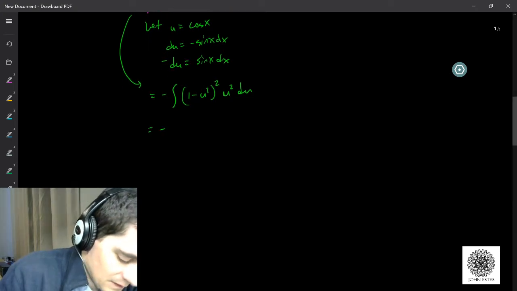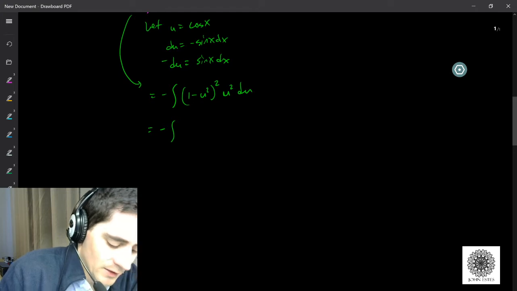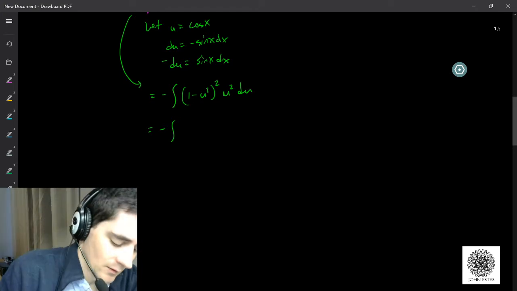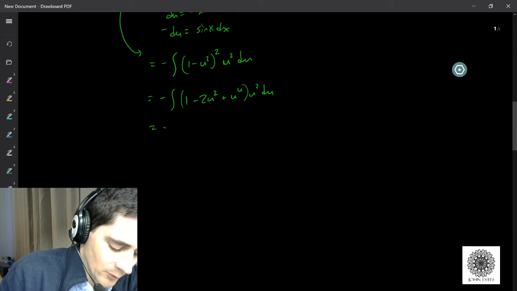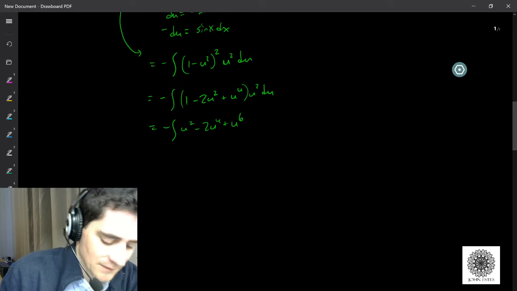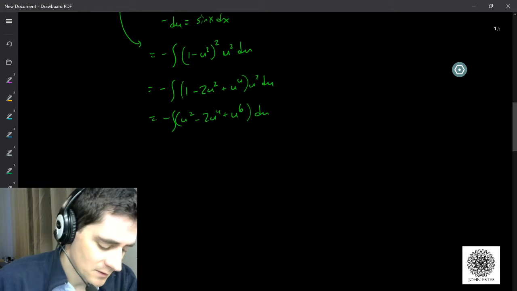When you do, you use the FOIL method on the 1 minus u squared. So you get 1 times 1, and then negative 2u squared plus u to the 4th, all times u squared du. So then you end up with negative u squared minus 2u to the 4th plus u to the 6th. You have to add your exponents as you're distributing that u squared du.